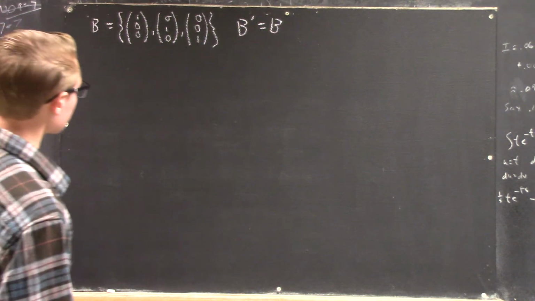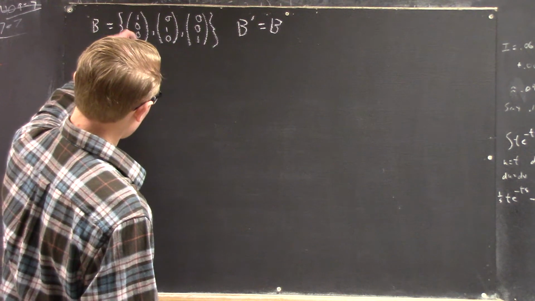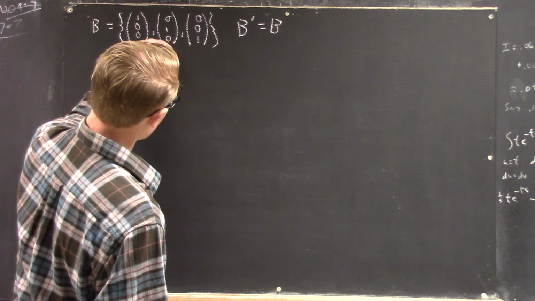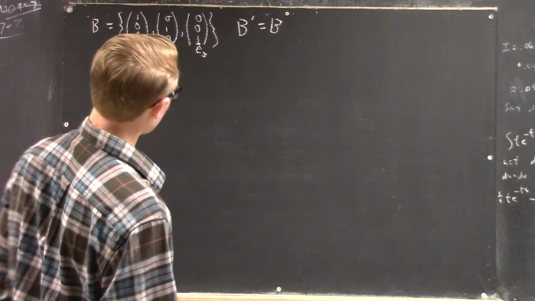Now, if we denote these, let's just say, vectors E1, E2, E3.